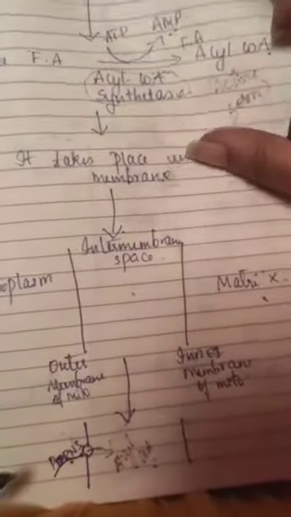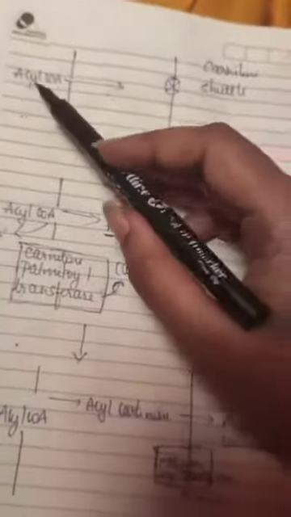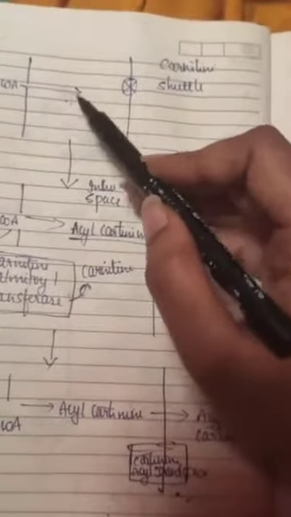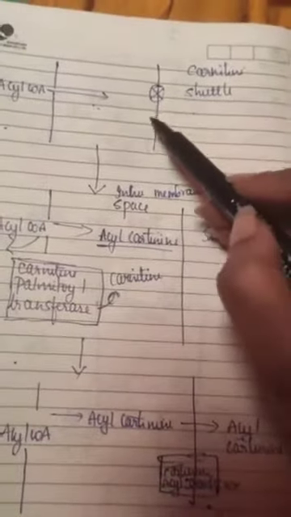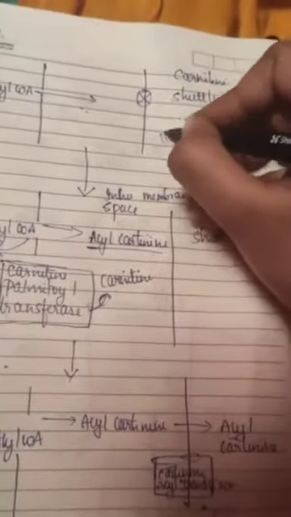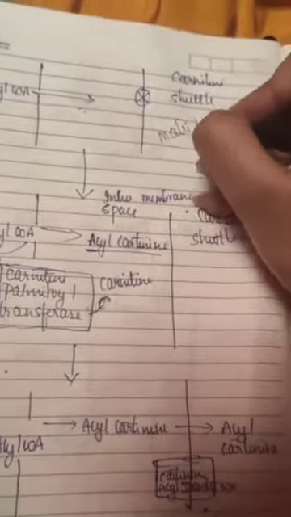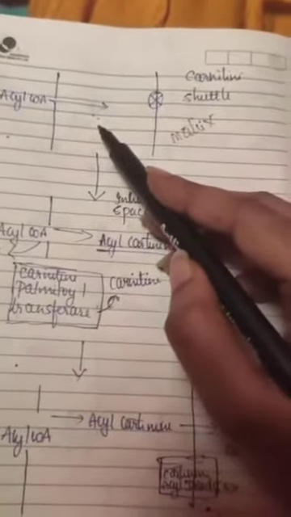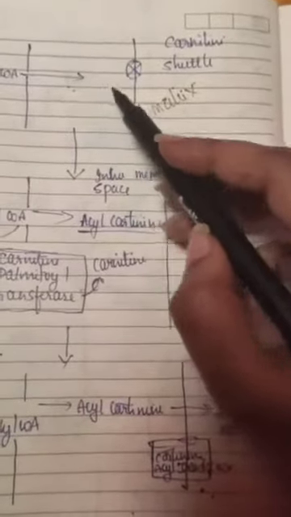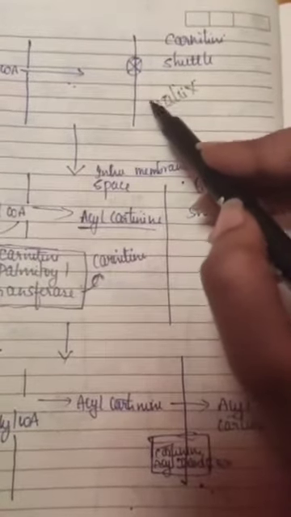Understood? But what will happen? Till here the acyl CoA will enter, but it cannot pass through the inner membrane.